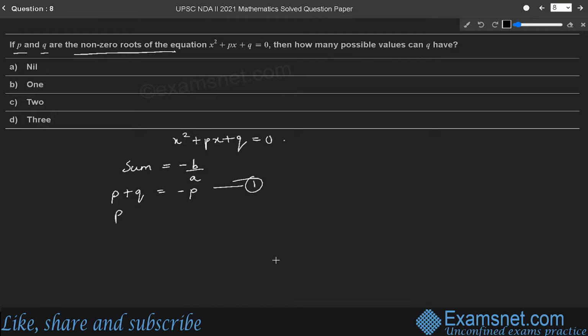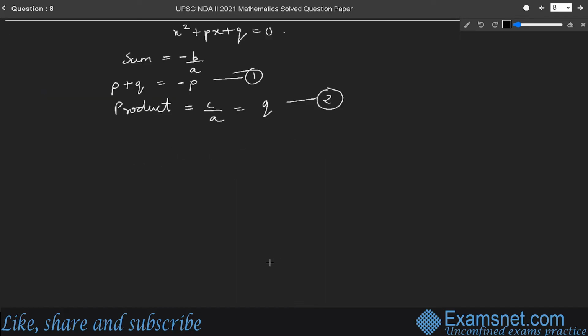And similarly, product of roots will be equals to c upon a, which will be q. Let this be equation number 2. Now, pq minus q is equals to 0. Therefore, taking q common here, it will be p minus 1 is equals to 0.